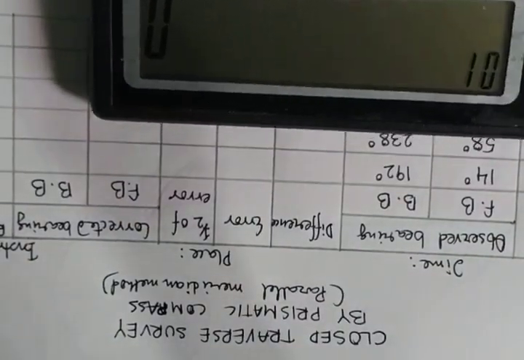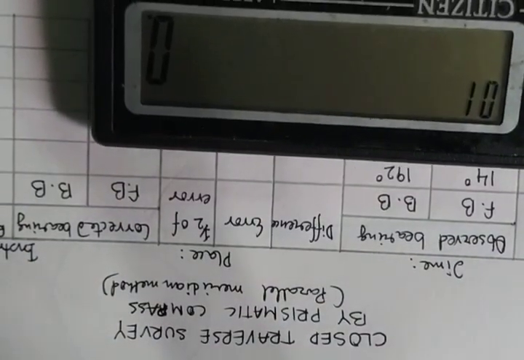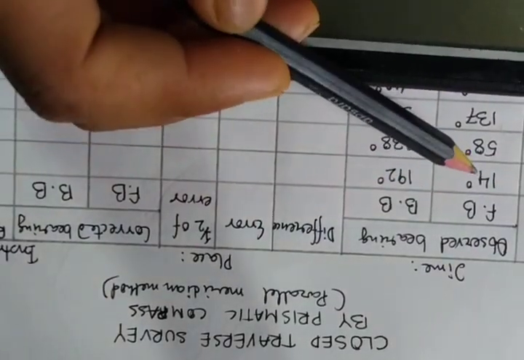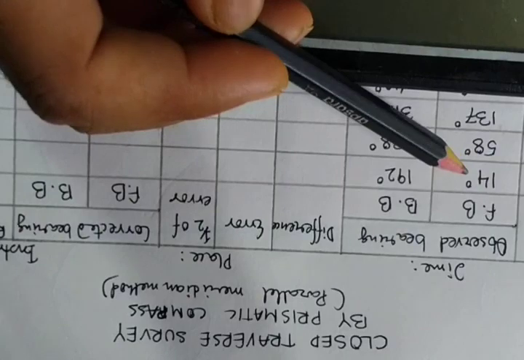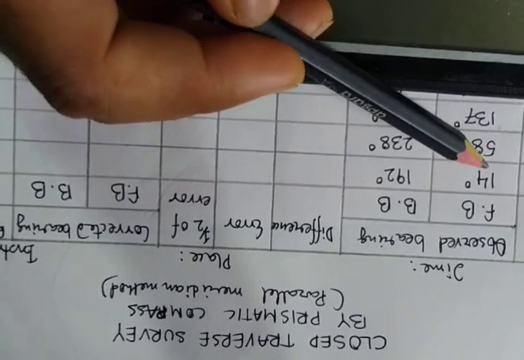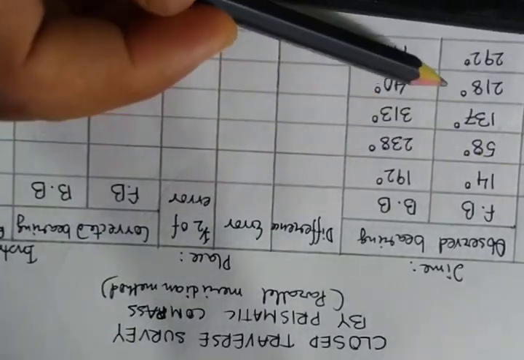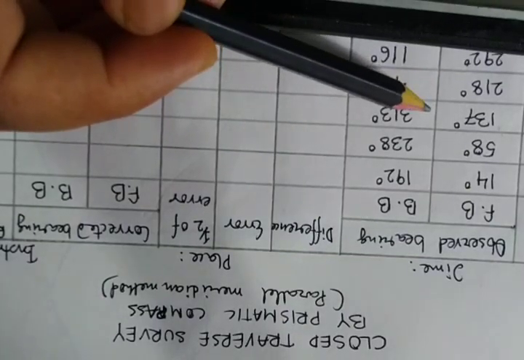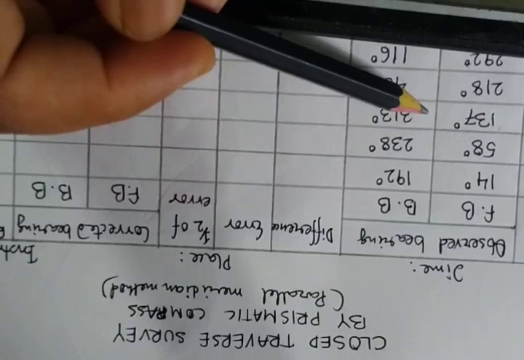Here's the calculator, but it is better if you use a scientific calculator, because sometimes the forward bearing includes minute readings also, but here all the readings are in degree. If it is a minute reading, then you have to use the scientific calculator.